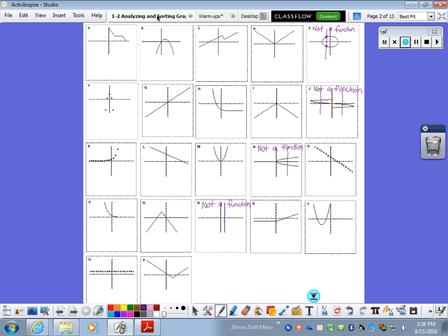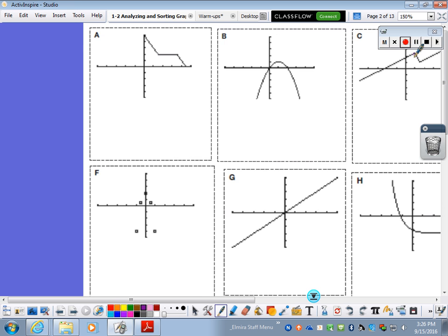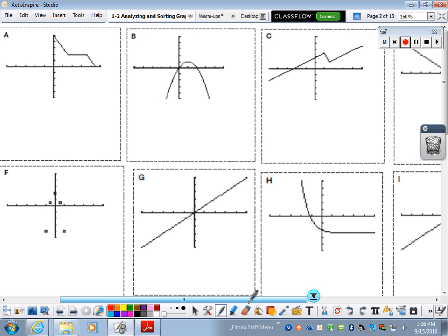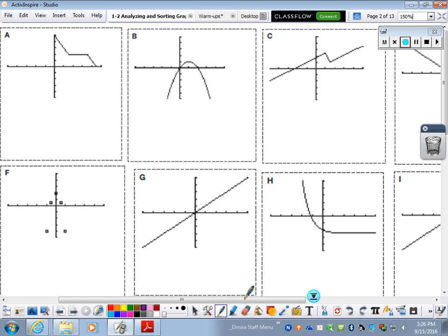I want to blow this up a little bit. Graph A: if I put my pen down on the line, I am tracing the line the whole time, and it is continuous. Graph B is also continuous.